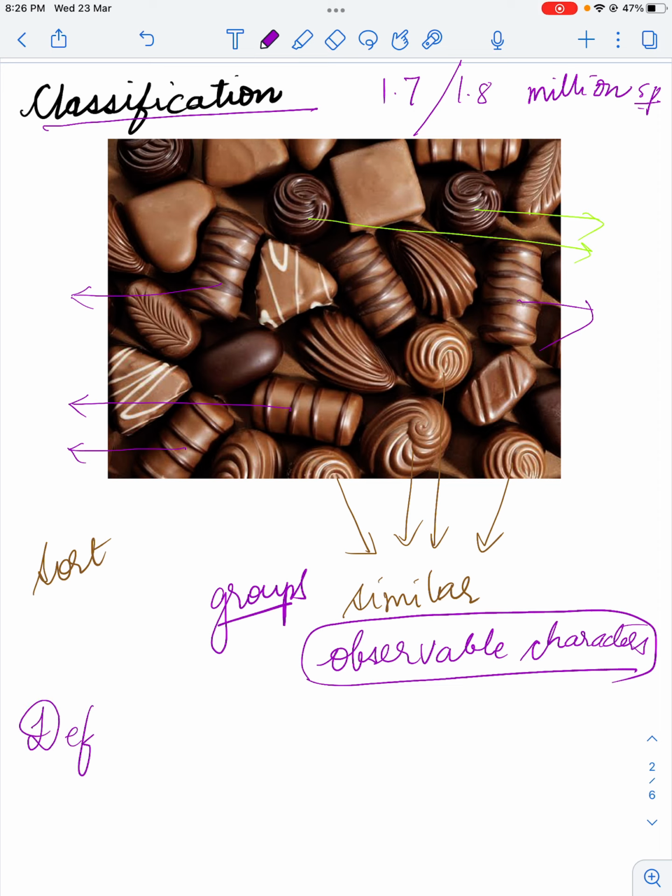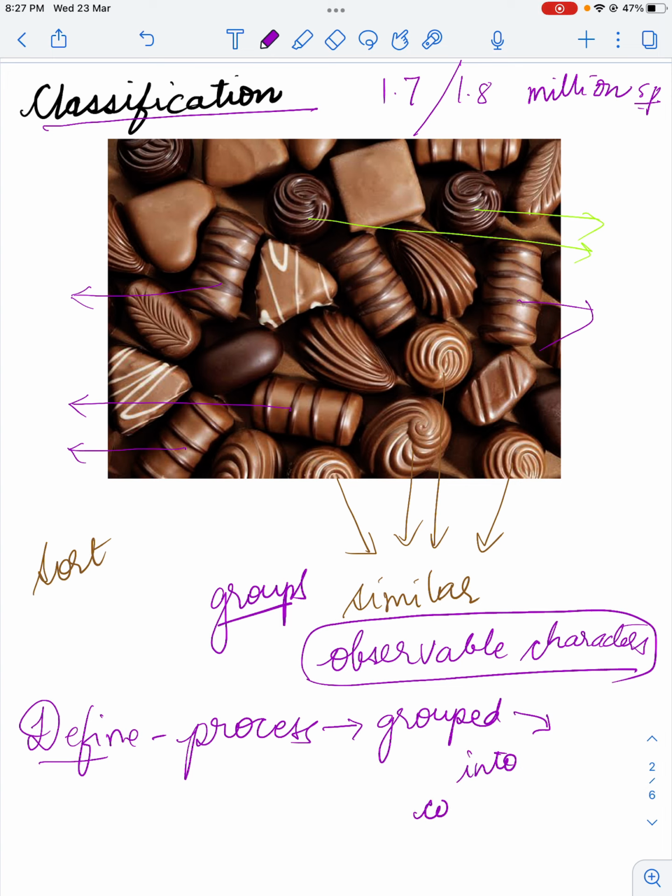How do you define classification? Definitions are always important. Classification is defined as the process. Isn't it a process? You're sorting it, you're separating it. It is a process by which anything is grouped into convenient categories.